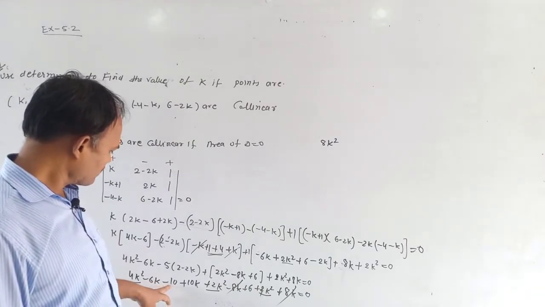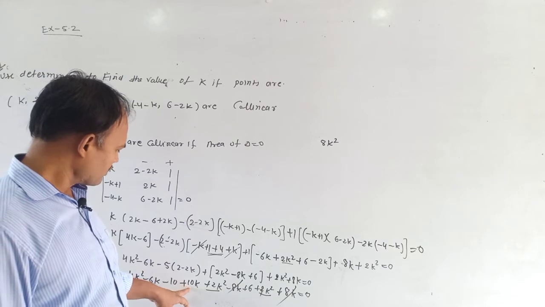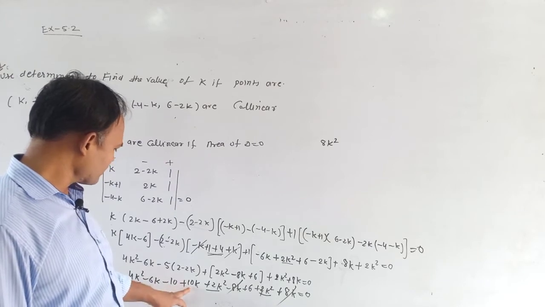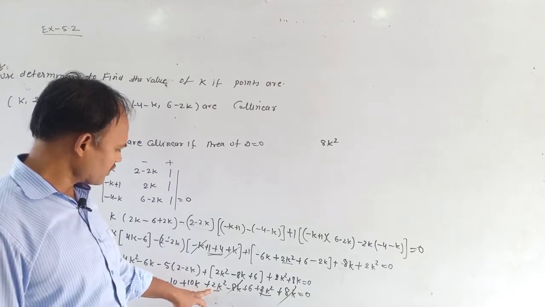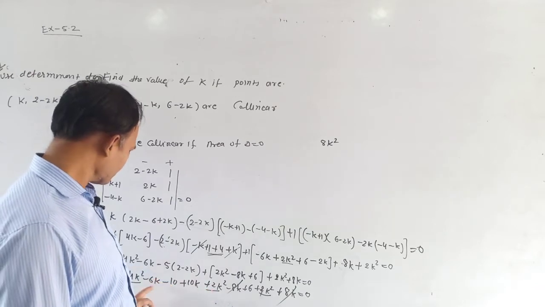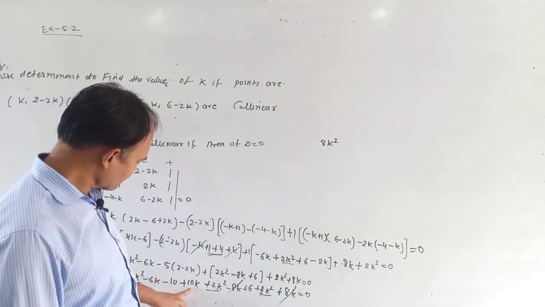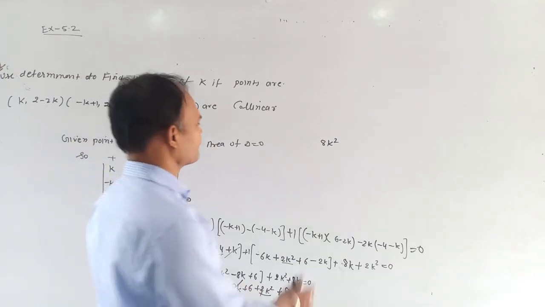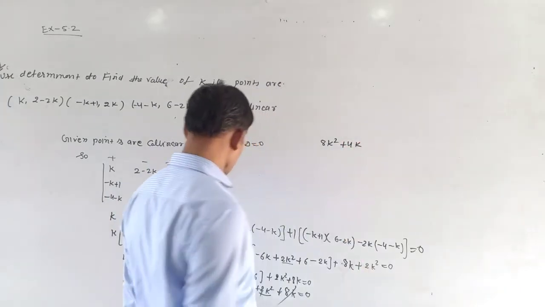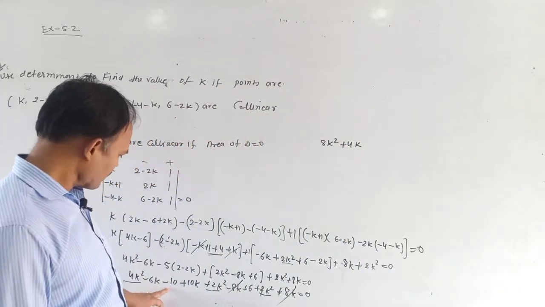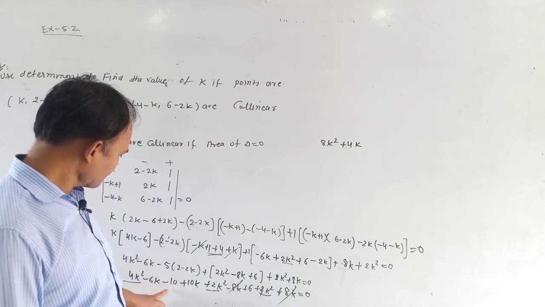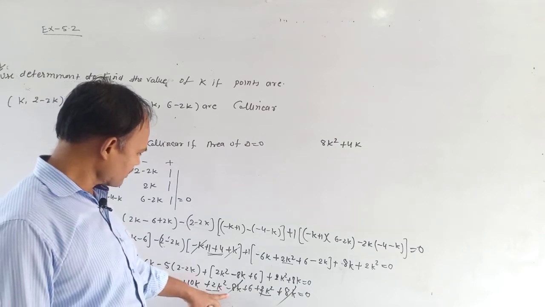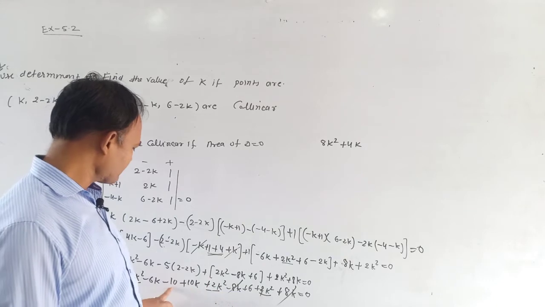Minus 6k plus 10k means 4k. Anything remaining? Minus 10 plus 6, it is minus 4.